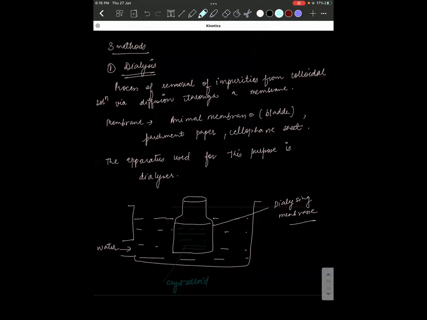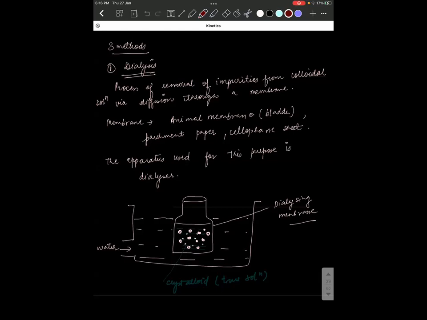Crystalloid means the true solution particles. Along with it, we have the colloidal particles also, that will be somewhat bigger in size in comparison to true solution particles, right? True solution particles will be like this.